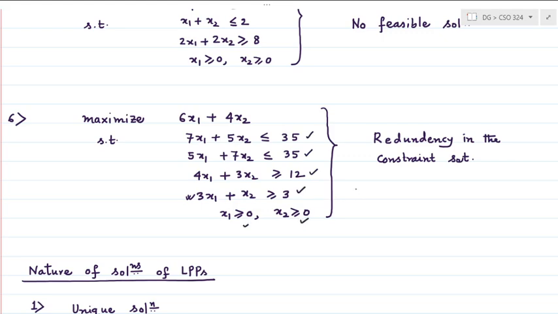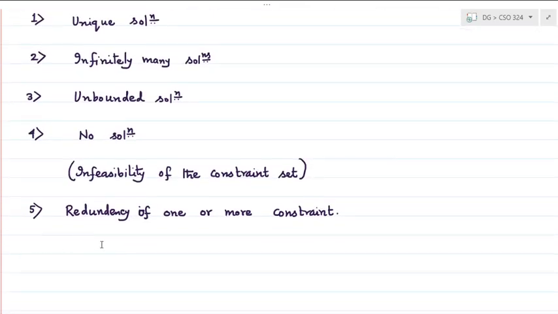So there are six constraints in the problem. So by redundancy we mean there exists at least one constraint which is redundant in nature. That means that particular constraint does not have any effect on the feasible region. Even if that constraint is not there, the feasible set is still the same. That's why the nomenclature redundant.